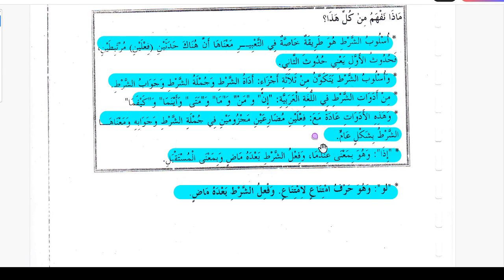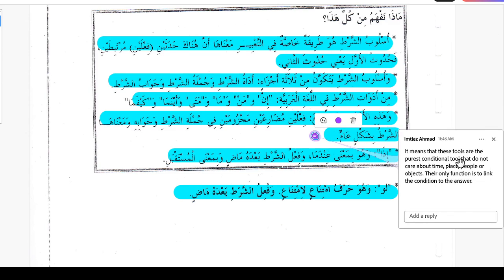Their meaning is the condition in a general way, bishakl amm. It means that these tools are the purest conditional tools that do not care about time, place, people or objects, like we studied, ayyu shakhsin, ayyu waqtin, any person, any place, any object.